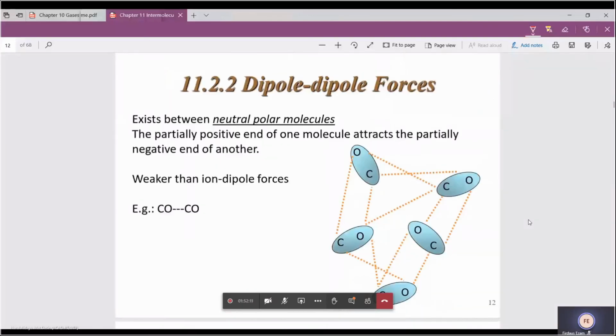Okay, next is dipole. Dipole is between the molecule and molecule. Normally same molecule, like BF molecule with BF molecule. Okay, how to identify whether BF is ion dipole? Now we see the table here.